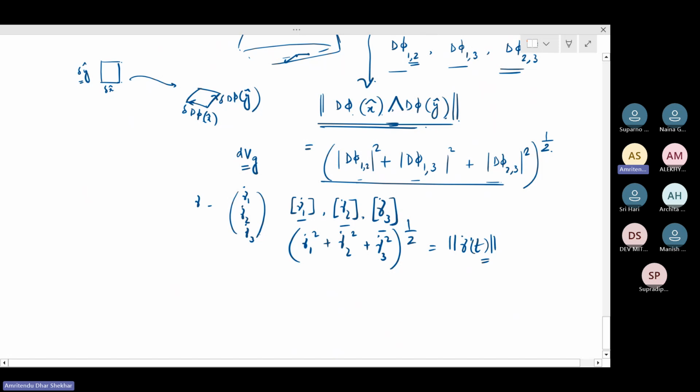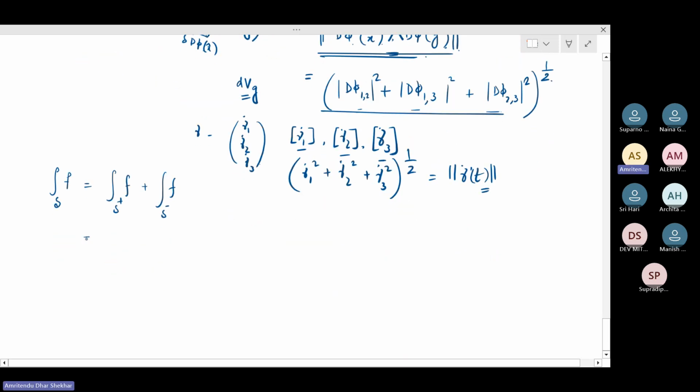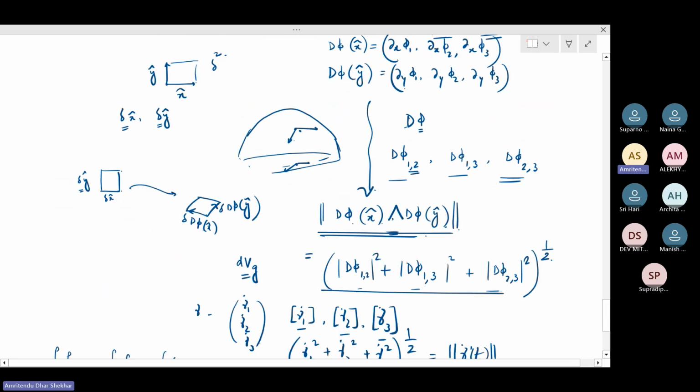Okay. So the integral over here, to summarize, is going to be the integral of F over S is equal to the integral of F over S plus plus the integral of F over S minus. But the integral of F over S plus you can write down as the integral of F over D2 times this map.